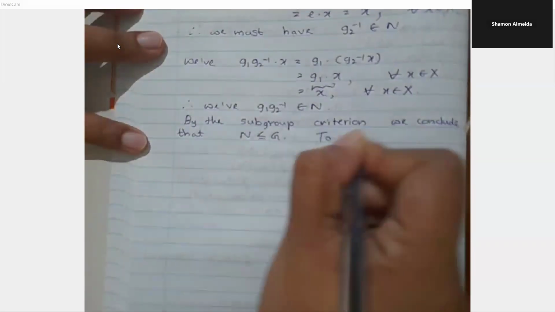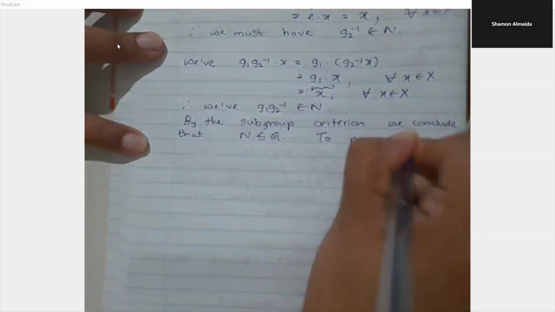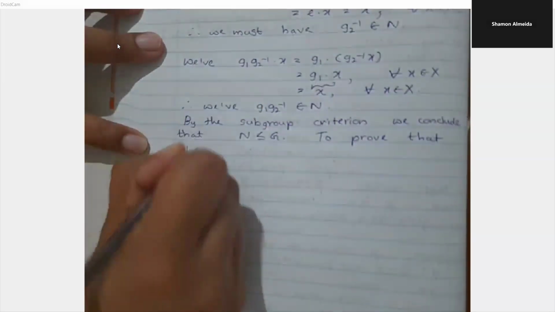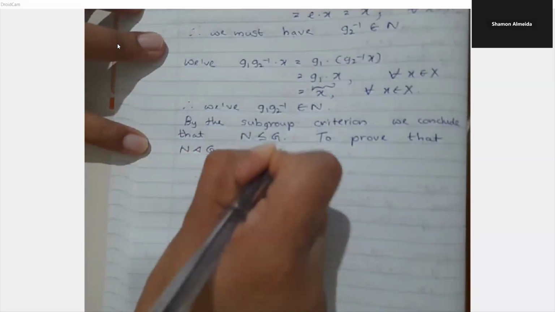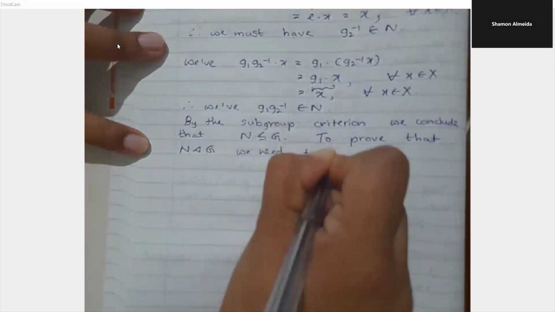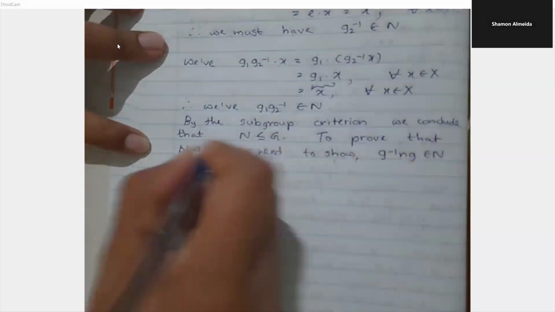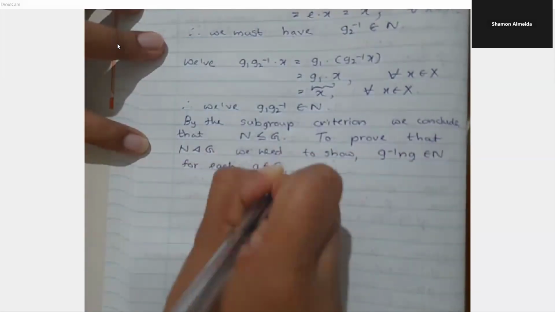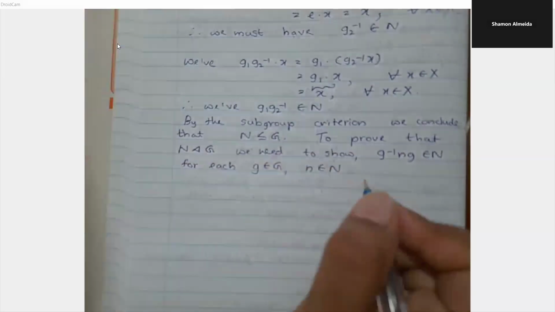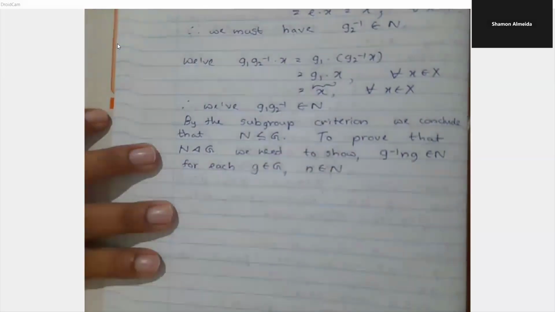Okay, now we have to show that it's not just a subgroup, it's a normal subgroup. So we have to prove the normality condition, right? Let me write, to prove that N is actually normal in G. We need to show by definition G inverse NG belongs in N for each G that you take from the group and N that you take from this capital N. Right?